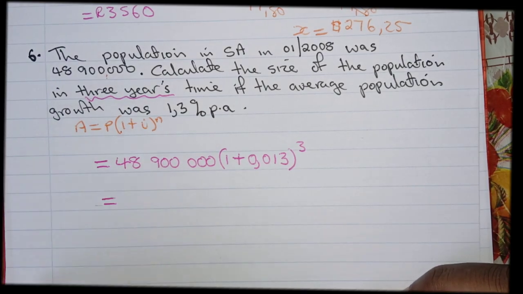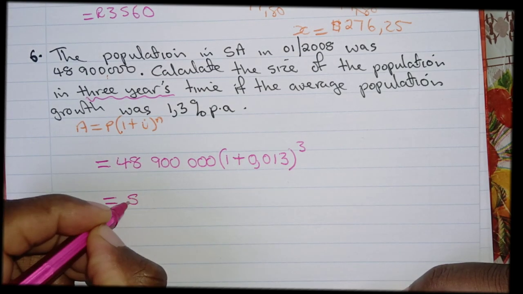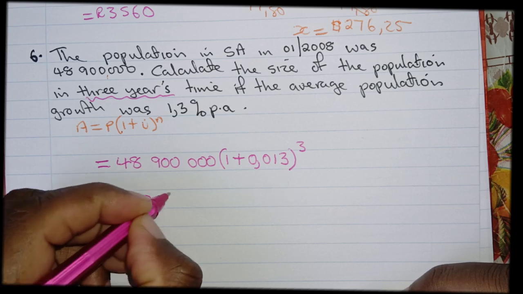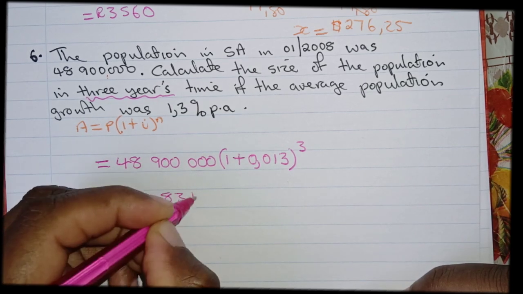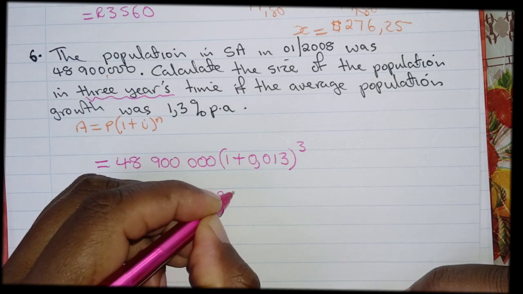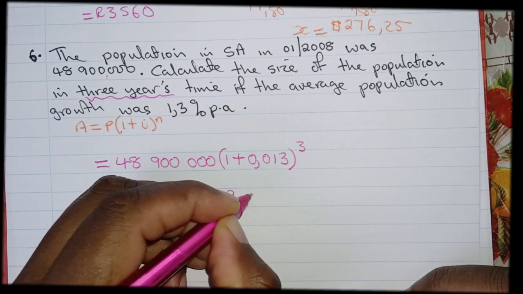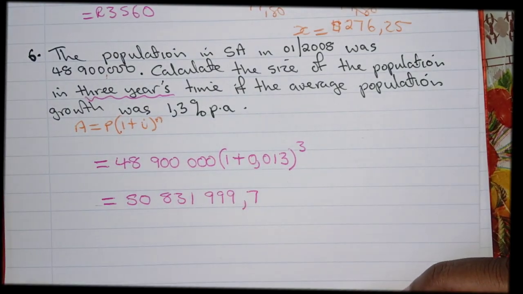And then if we do that, how many people are we going to have in South Africa after 3 years? That is going to be 50,831,999.7. But we are talking about population.